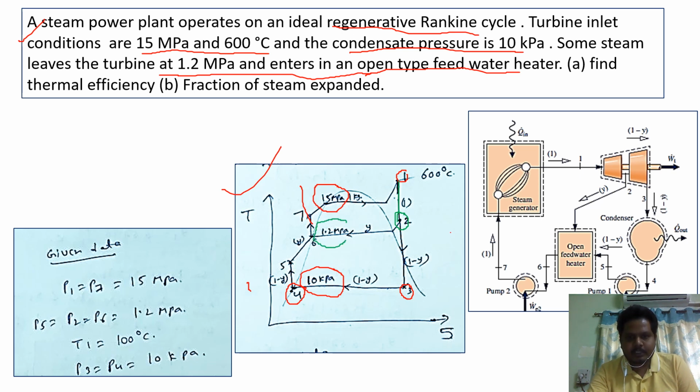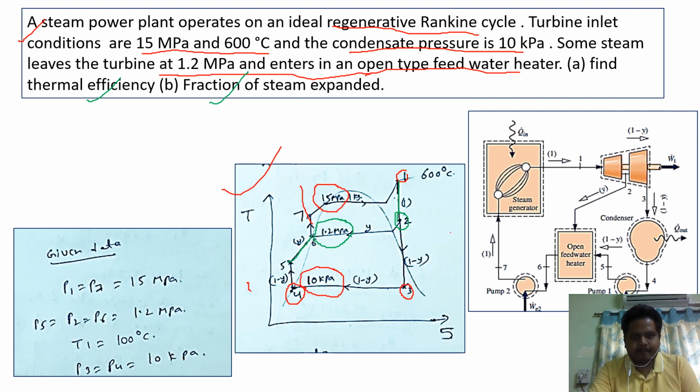That particular pressure is 1.2 megapascal. This steam will enter the open feed water heater in process 5 to 6. So this is the given data. We have to find the thermal efficiency and fraction of steam expended.